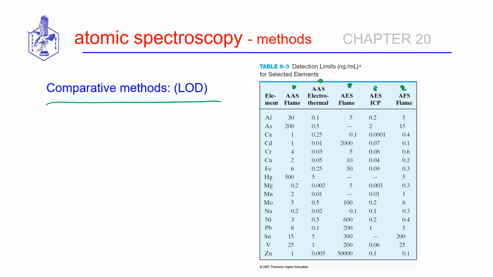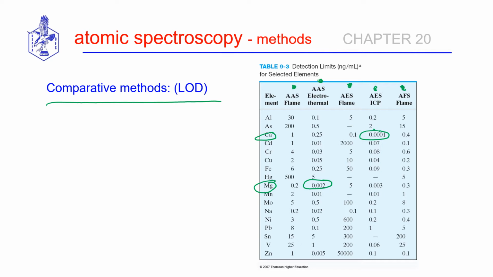Our plasma methods tend to give us, for instance, for calcium, much lower detection limits, but it's not necessarily true for all species. If you look at, for instance, magnesium, you can see that our electrothermal methods are very competitive and give us really low detection limits.